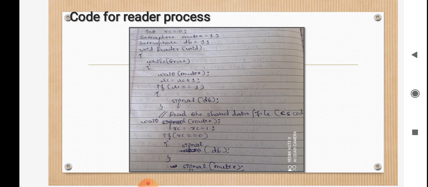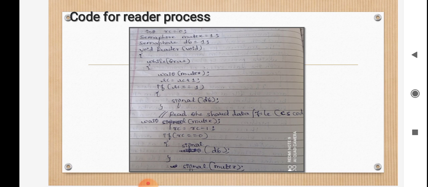What is wait mutex here? The mutex has the initialized value of 1. Wait mutex means we have to decrease the value of the semaphore by 1, that is minus minus.